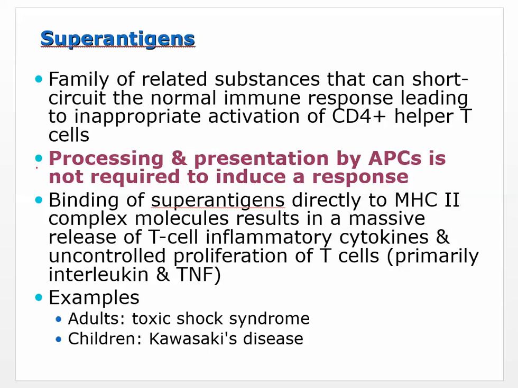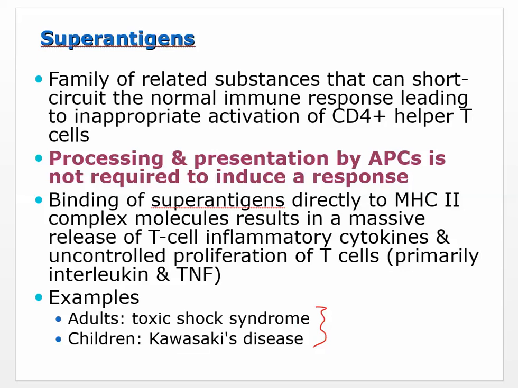It will directly activate T cells. So these T cells are immediately turned on, and then the T cells will start to proliferate wildly. And if those T cells cross react with something in the body, then that can cause things like toxic shock syndrome, Kawasaki's disease, or an autoimmune disorder.